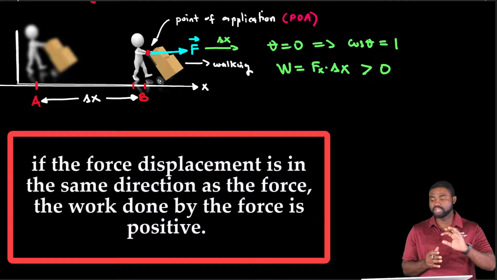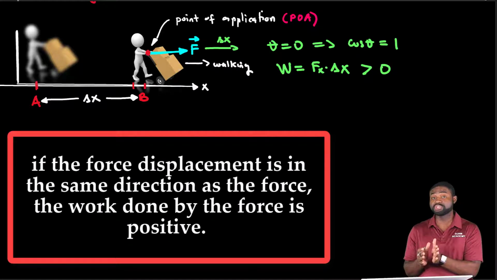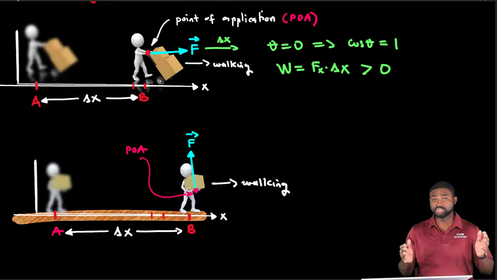Let me say it again in other words. When the displacement of the point of application of the force is in the same direction as the force, energy is transferred from the environment to the system, in which case the energy content of the system increases.